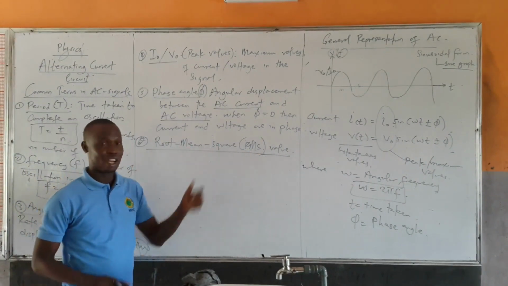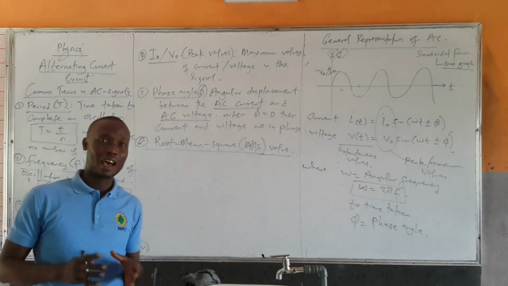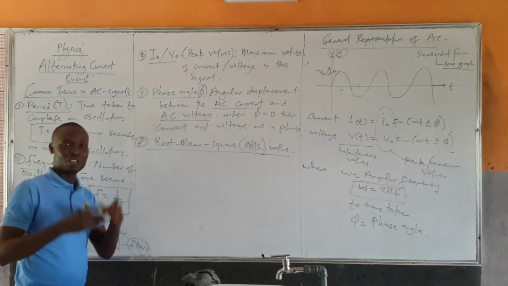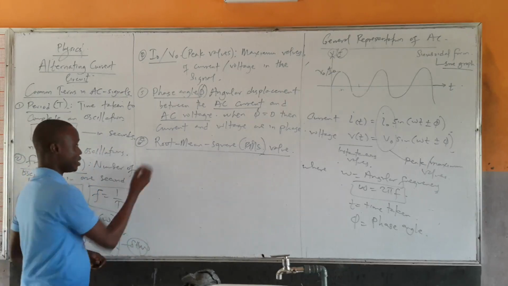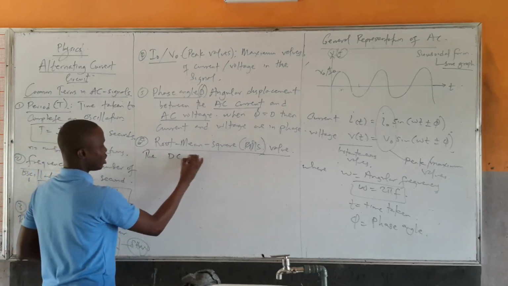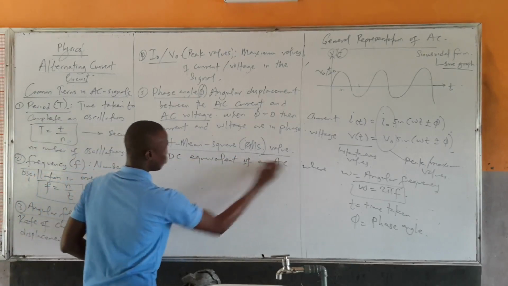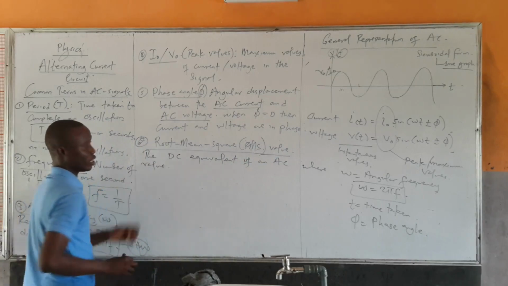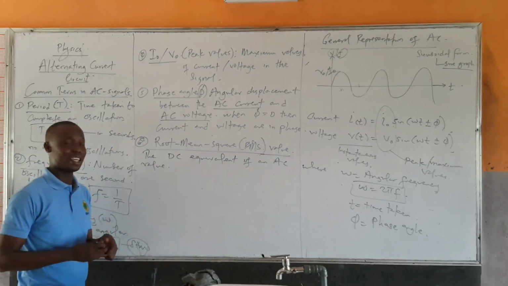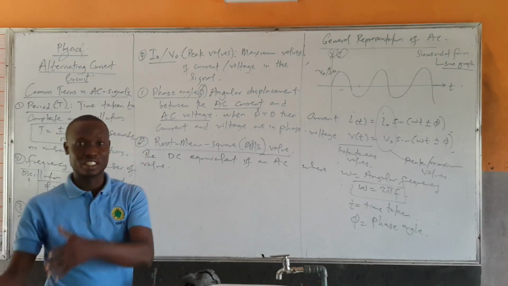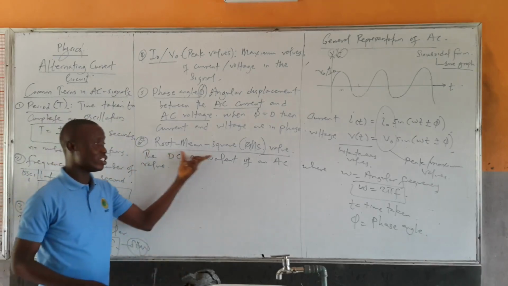The root mean square value is a very, very important value in our AC circuit. Our root mean square value is the DC equivalent of an AC value. When you measure AC, let's say you measure 50 amperes in your AC, when you take it to DC, what you get is the root mean square value.